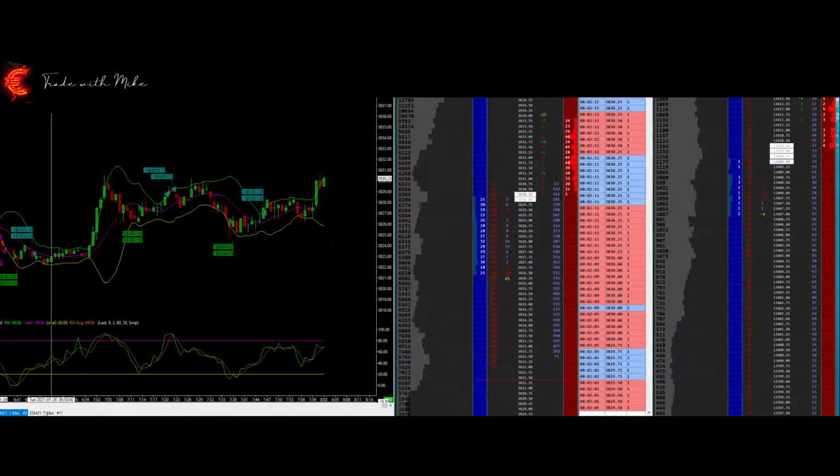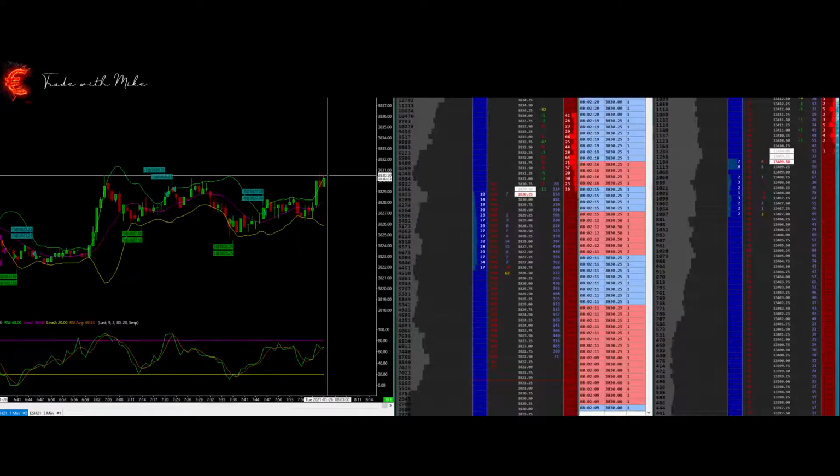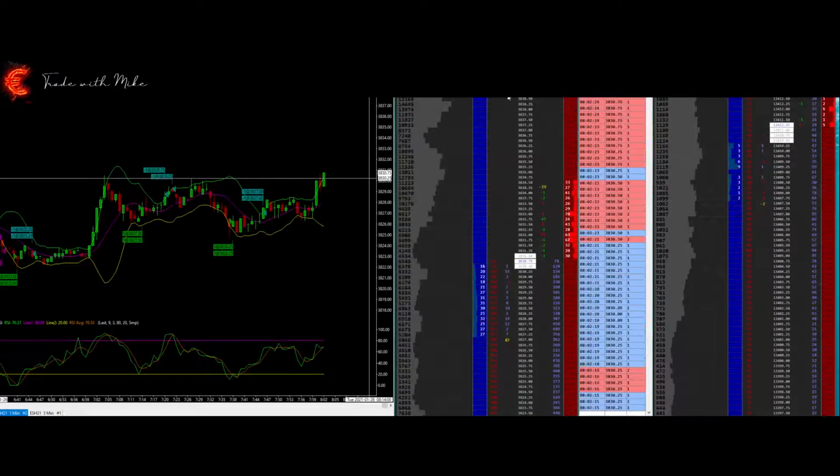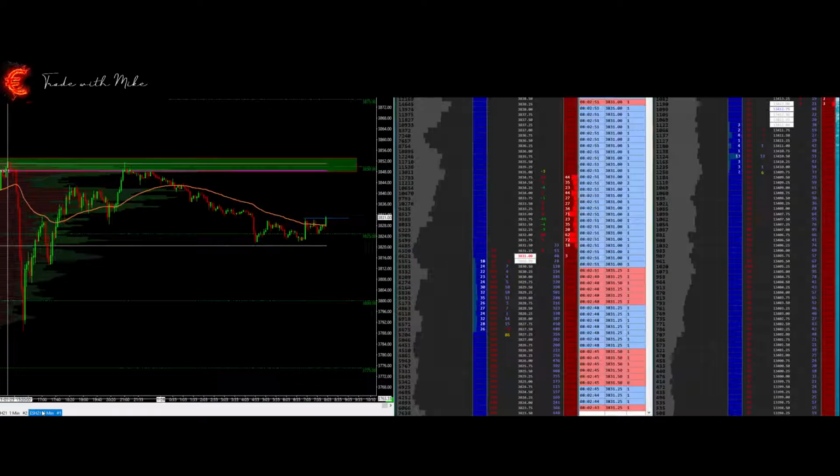Move on up. So we see it wants to go up again. Nice, nice.